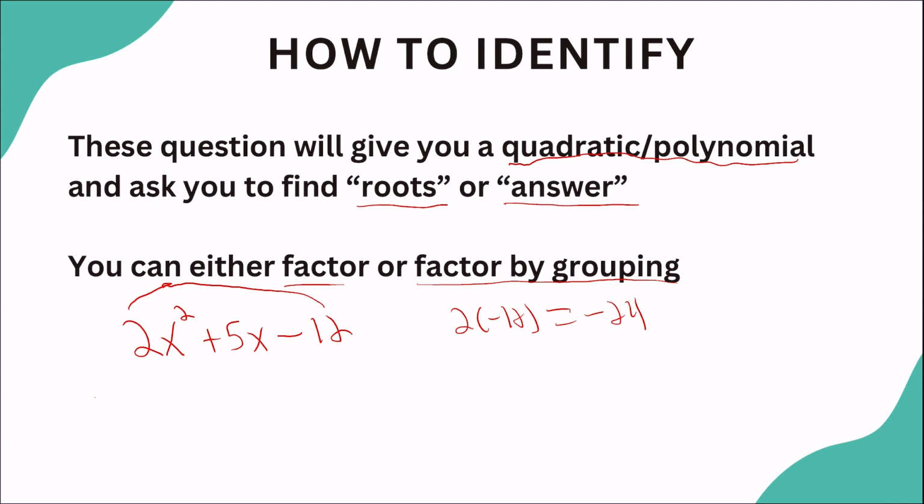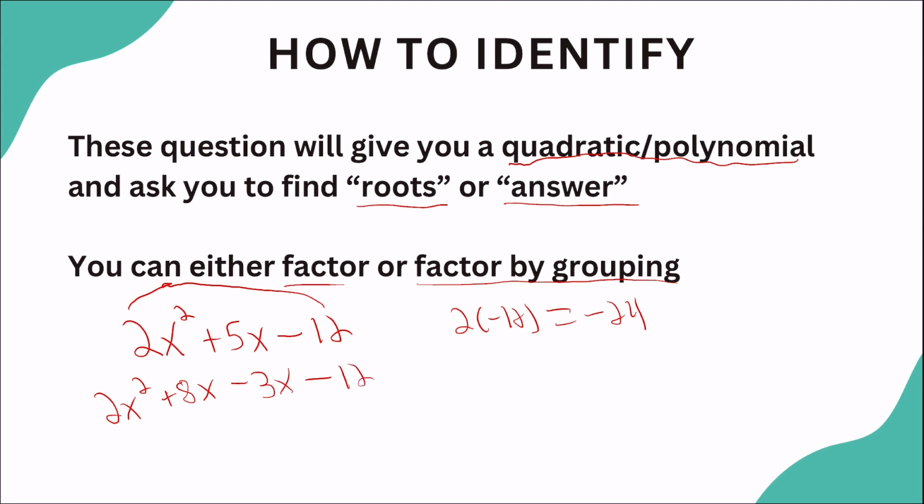Now we're looking for two numbers that will equal negative 24 when multiplied by each other and add to positive 5. And so for me, I'm thinking that these numbers are probably going to be positive 8x and negative 3x. And so I'm going to rewrite our equation as 2x squared plus 8x minus 3x minus 12.